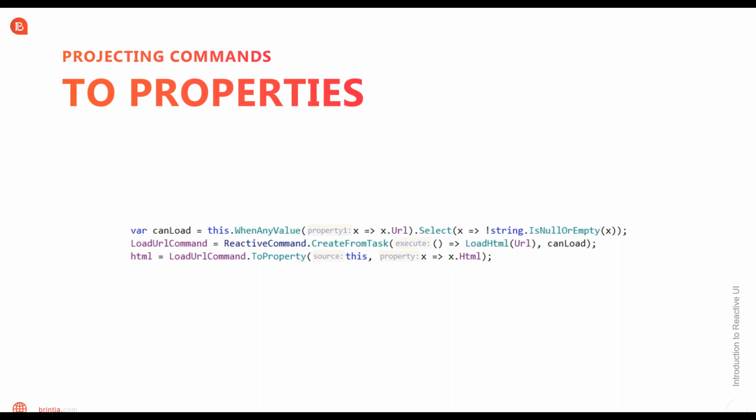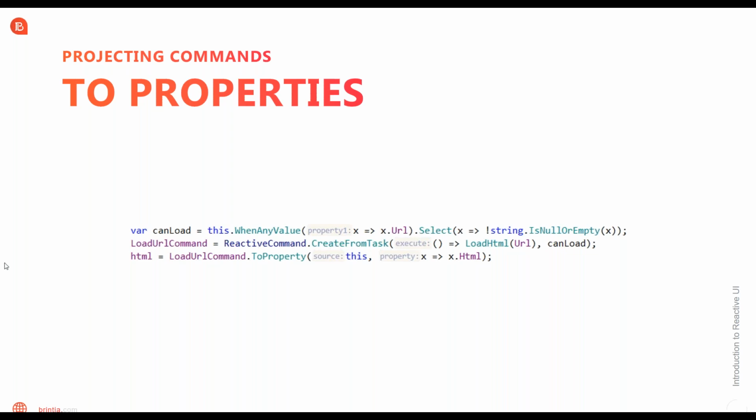Let's head to another interesting thing that we can do with commands, and it is the projection from a command to a property. As I already mentioned, commands are very similar to sequences. You can even project them to properties, and in this sample, we are projecting the results of the load HTML method that is here, created from a task using the same method before. This is very common. We are loading the URL when the command is executed.